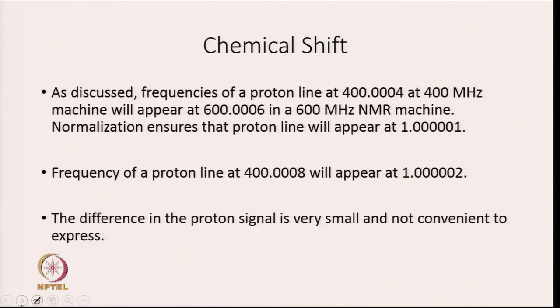When we do that, normalization ensures that a peak which is at 400.0004 megahertz in the 400 megahertz machine and 600.0006 in the 600 megahertz machine will appear at the value 1.000001.